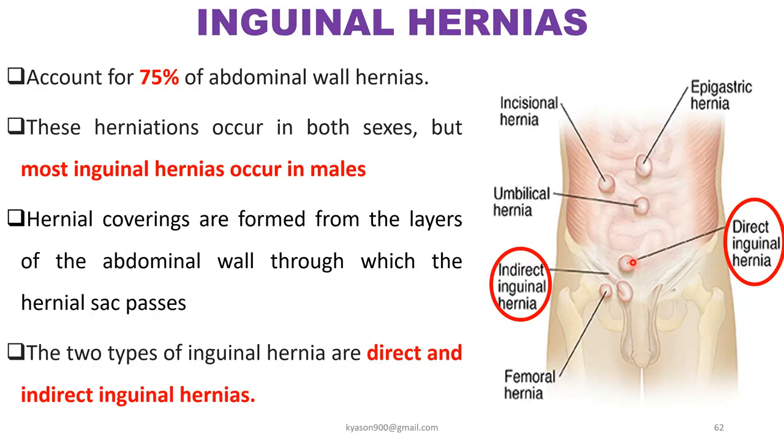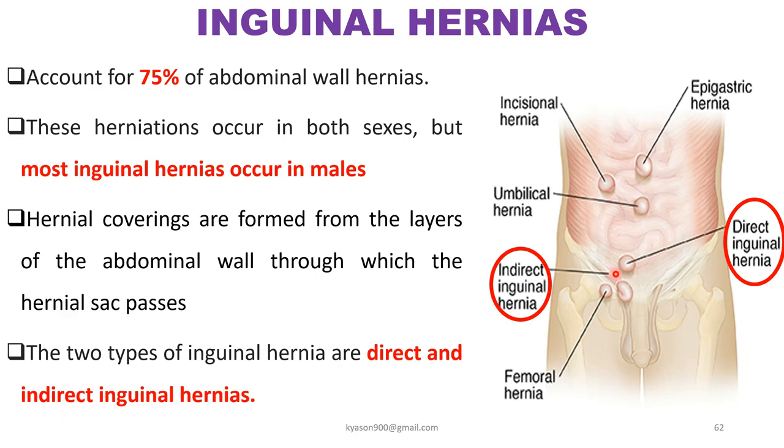Okay, so you can see that these herniations are occurring in the inguinal region. Indirect, we are going to learn that it occurs when there's a weakening in the lower abdominal wall, and basically intestines are going to push through that weak spot to enter the inguinal region.